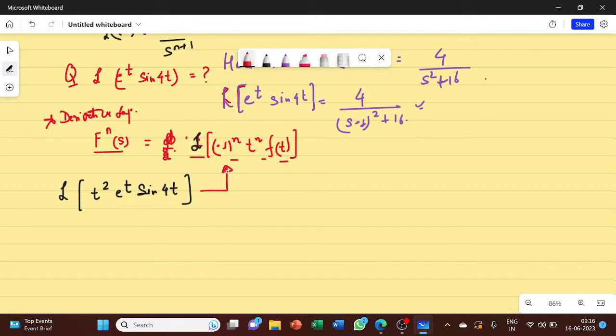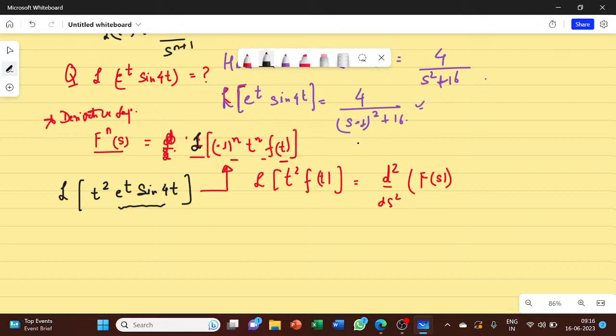So from the above result, I know that the Laplace transform of t square into f(t) would be simply d2 upon ds2 of your F(s). And the Laplace transform of e to power t sine 4t you have calculated right now, which is equal to this. Now all you need to do is find the double derivative of this particular function.